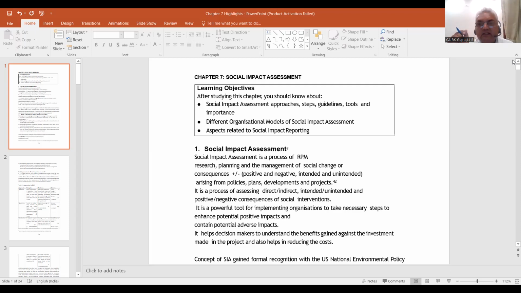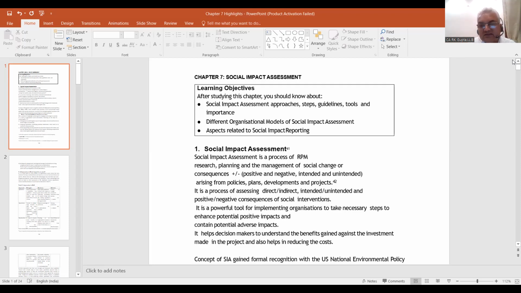So social impact assessment is a process of research, planning, and management of social change or consequences, positive or negative, intended and unintended, arising from policies, plans, developments, and projects. So what is the impact? And this assessment is a process of gauging that change, of witnessing that change.